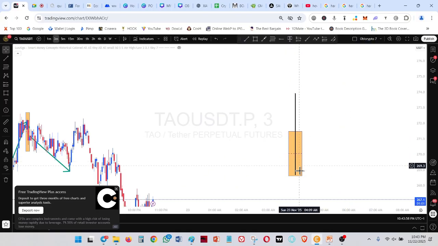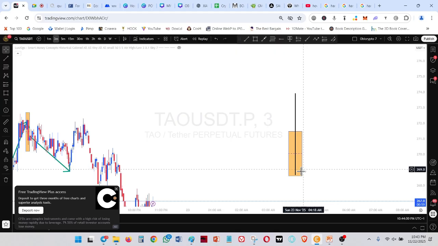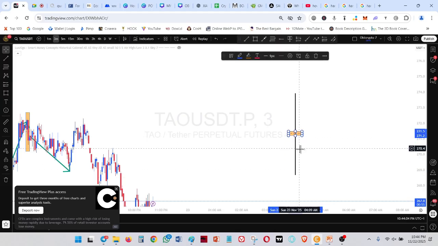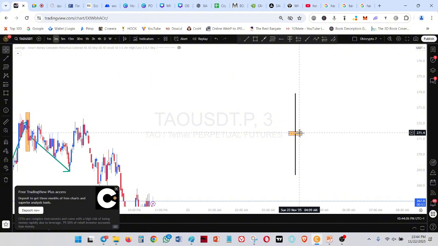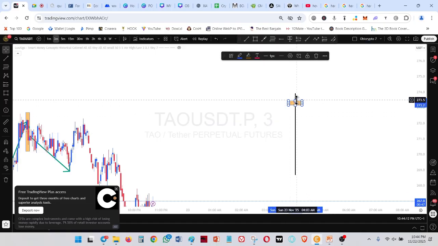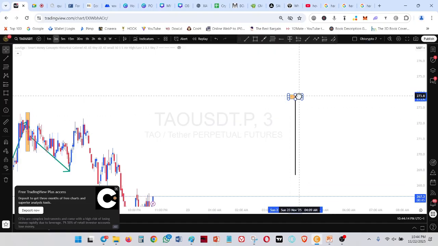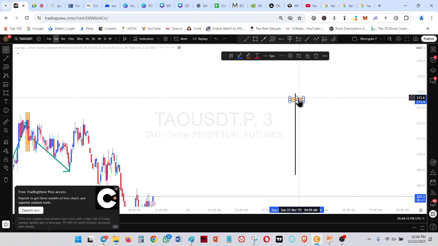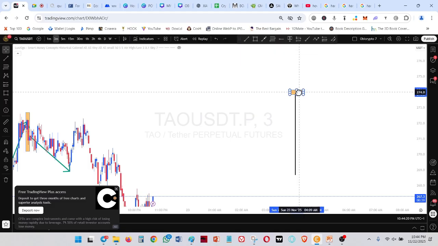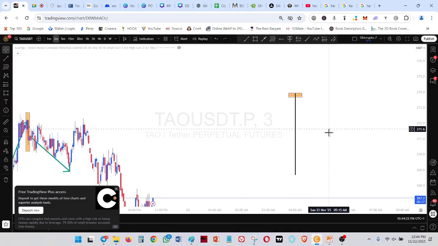If you like, this same body can squeeze itself very tiny like this and be in the middle. If it likes, it can carry itself up to the top and keep a small wick at the top. If it likes, it can carry itself even to the top without leaving any wick at all. It will chop out the whole wick. And if it does that, that is what we call a hammer.